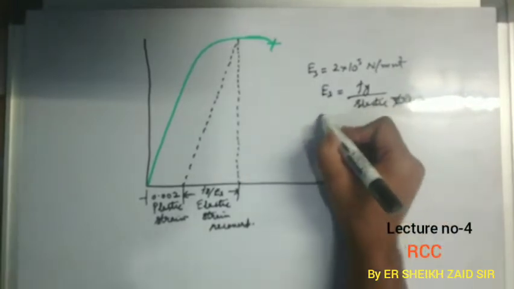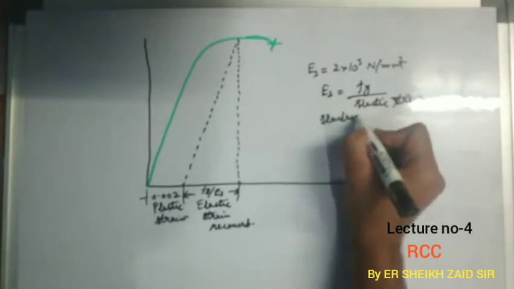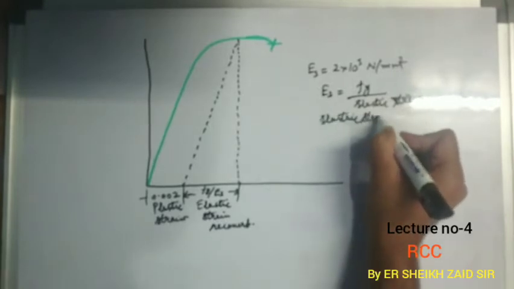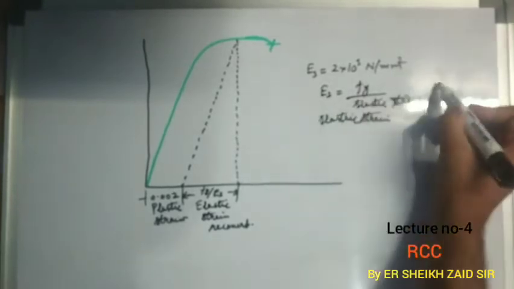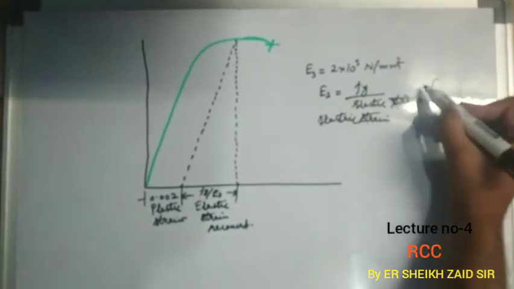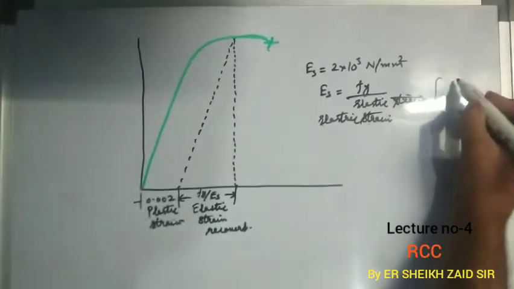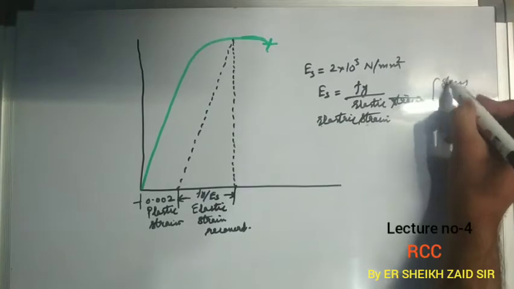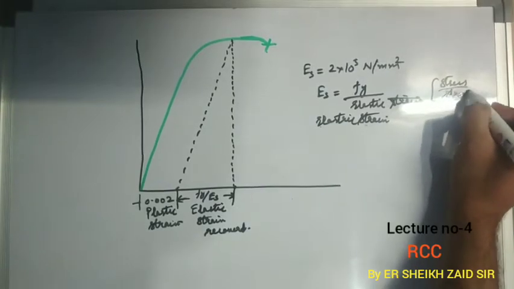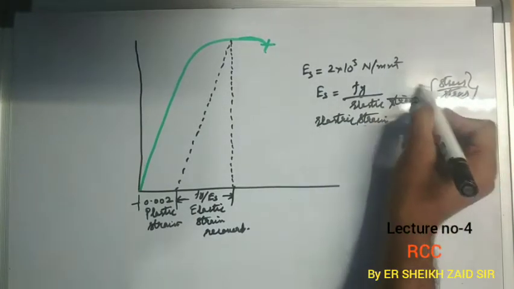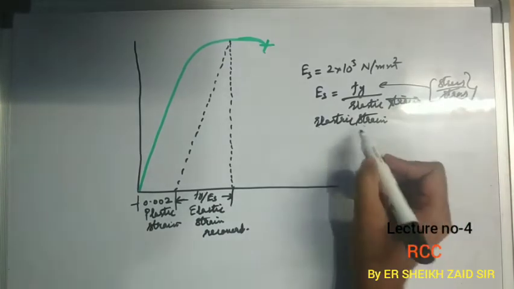So from here elastic strain will be, do you know how this came? Because we know that modulus of elasticity Es is stress upon strain. So here it is yield stress and strain is elastic strain.